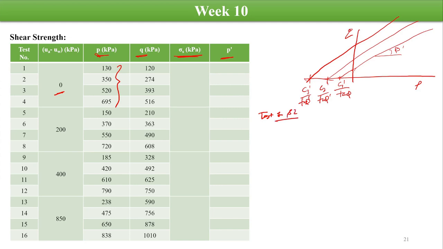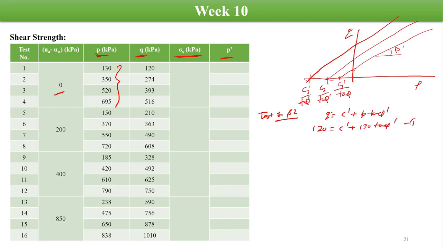Then we'll write the equation based on the equation that we have studied, as Q is equal to C dash plus P tan phi dash. Alright, so using this equation we can write Q, that is 120, is equal to C dash plus 130 tan phi dash.